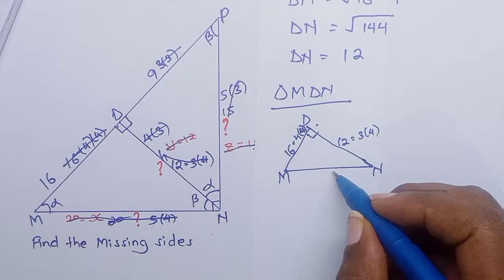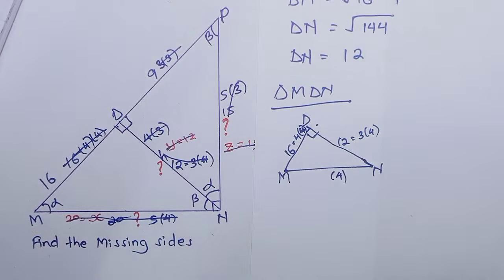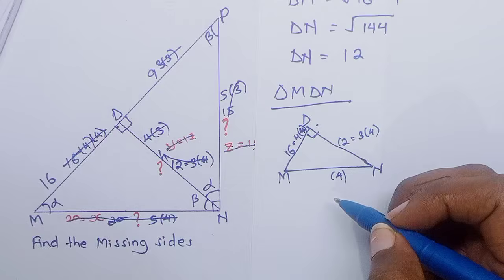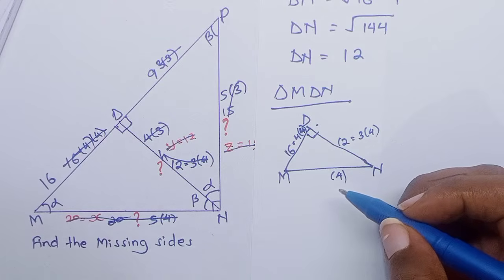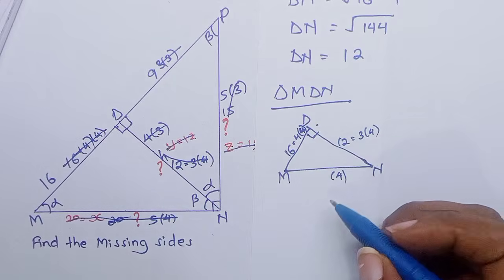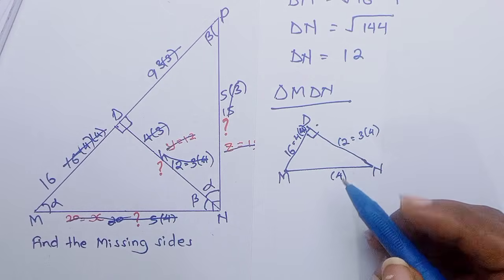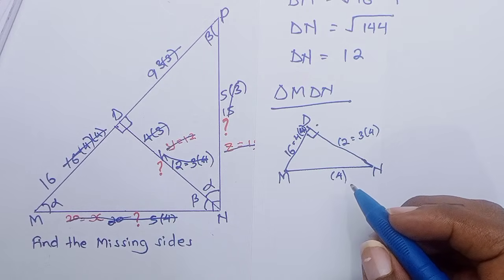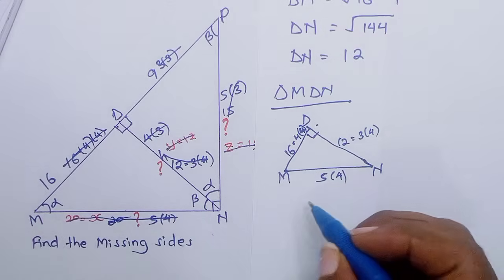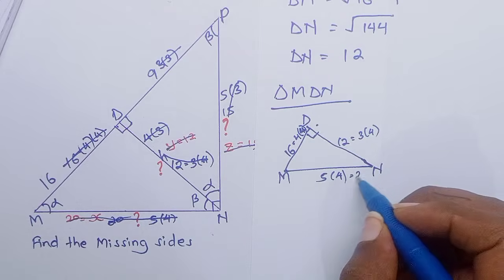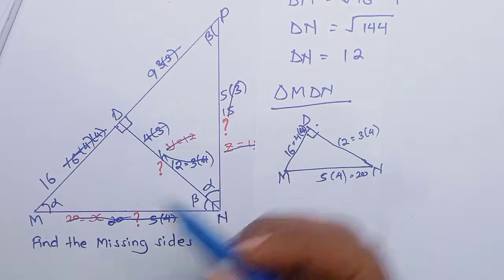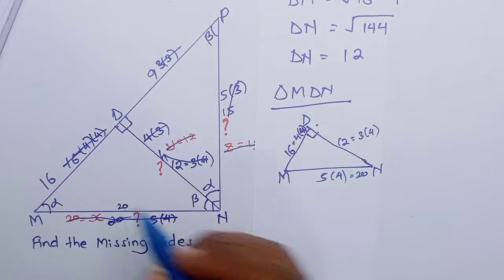That implies that this side will also have a 4. So that means the differing figures are 3 and 4. So from our Pythagorean triples, since this is a right triangle, from Pythagorean triples 3 to 4, the closest to that from the table is 5. So this side will be times 5. Therefore, MN is 5 times 4, which is equal to 20. So far we have this side is 12 and this side is 20.